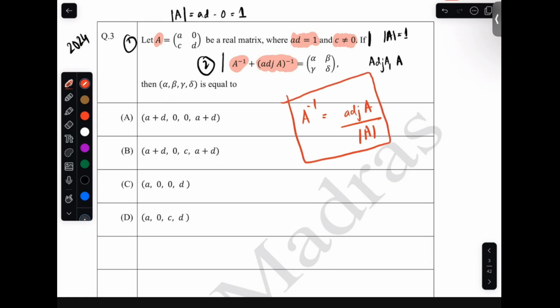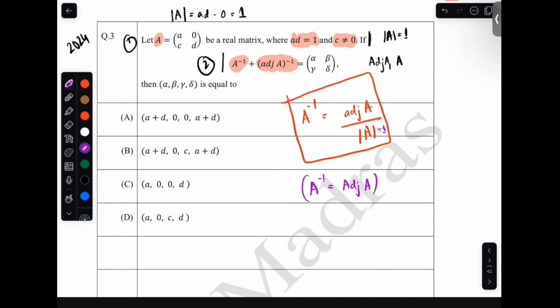Why? Because you're already given information about determinant of A. So that means this turns out to be 1, and we get A inverse is equal to adjoint of A.